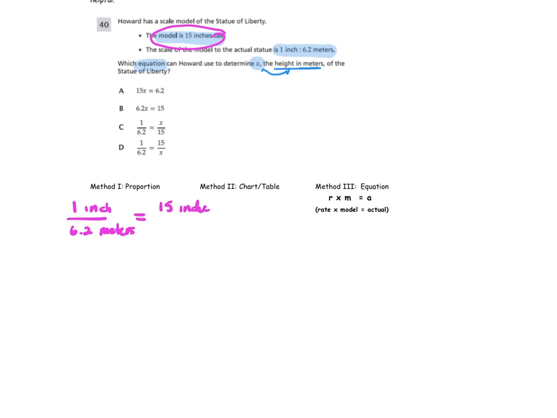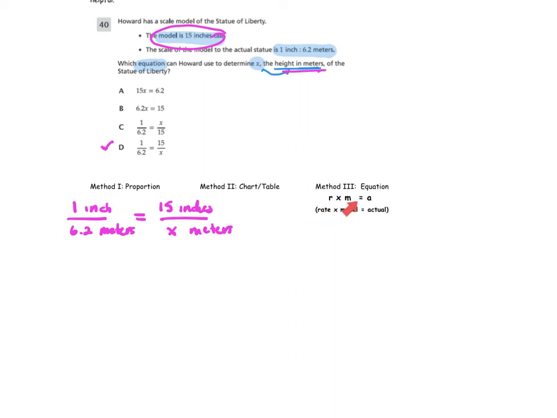This is inches, and that's compared to x, height in meters, so x meters. Because I just want to know which equation I can use to determine x, I'm going to stop before I continue and see if I have that written somewhere. And sure enough, it kind of looks like this might be the equation I need to use.